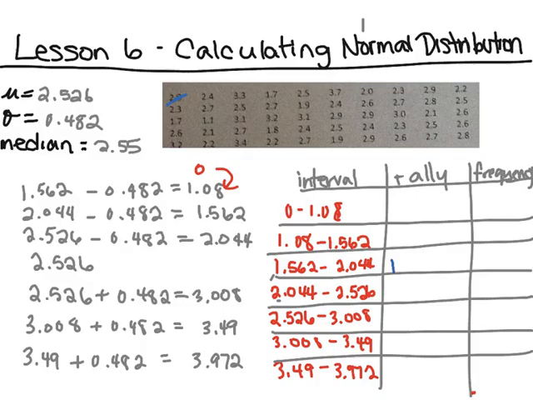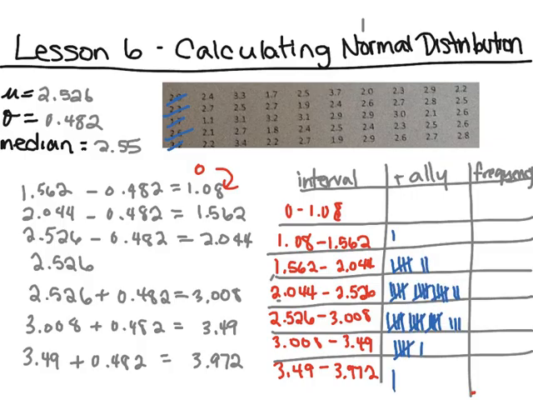So what I want you to do is go through all of the information, cross it out, and put it in the right column. 1.7 goes in here. 2.6 goes here. 3.2 goes here. So I want you to pause the video and do this on your own, and then I will put the correct answer in, and I want you to check to see if you did it correctly.